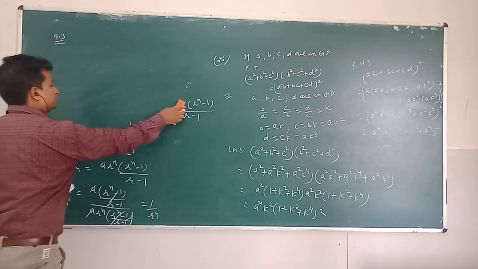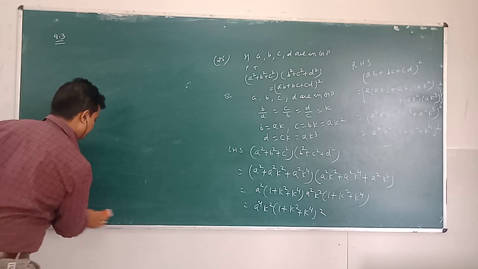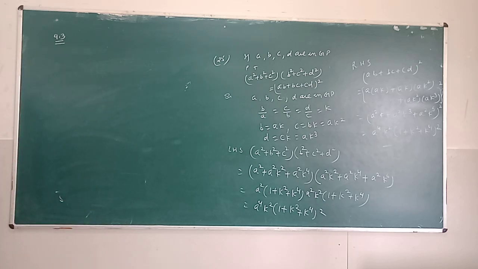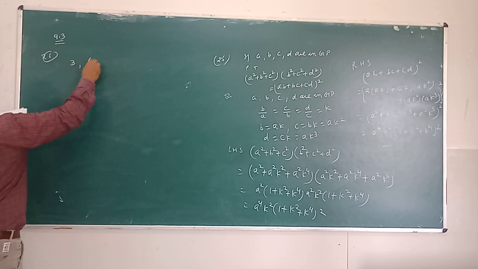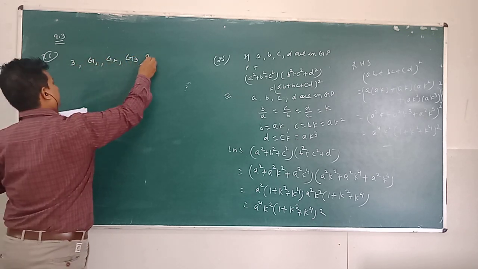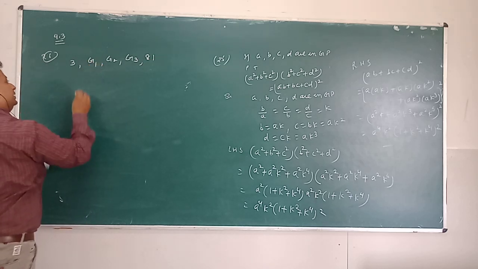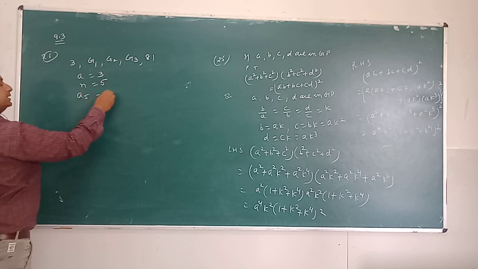In the next question, the statement is find 3 geometric means between 3 and 81. So we are required to find 3 geometric means. First we take G1, G2, G3 as the geometric means. So in this a is 3, the number of terms is 5 and a5 is 81.